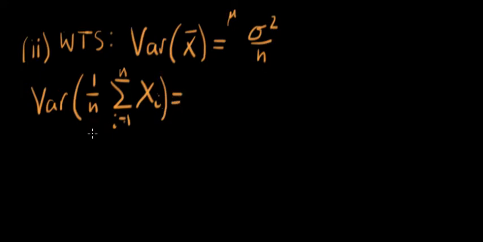Well, we know that when we multiply a random variable by a number, its variance is the variance of that random variable times the square of whatever number we multiplied it by, so we end up with 1 over n squared times the variance of the sum of our random variables.